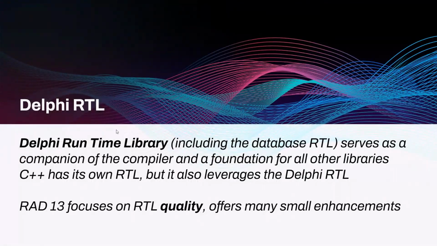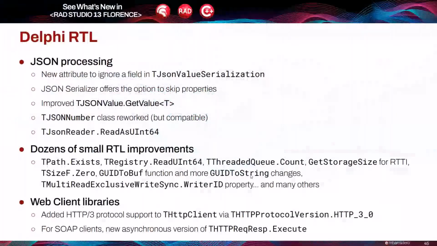On the runtime library, including database RTLs, we've focused primarily on quality, but with many small enhancements. Like, we couldn't even list all of them in this presentation. For example, on JSON processing, we've been working a lot on JSON value serialization, to serialize objects to JSON and vice versa.